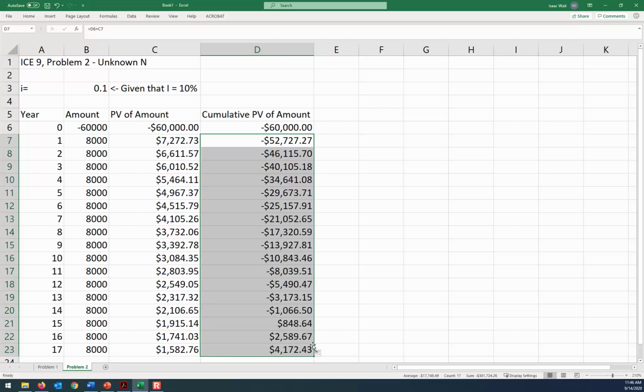And now if I continue this trend down, click and drag through the rest of the series, what we're looking for is the break-even point. After 14 years of operation, we're not quite broken even yet. And then after 15 years of operation, we've broken even.